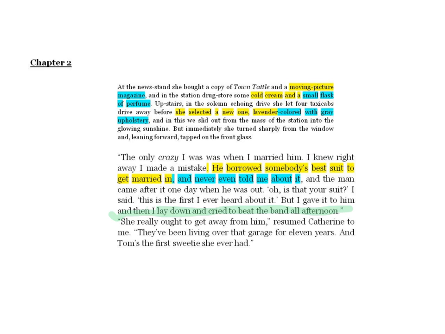So her disgust, he borrowed somebody's best suit to get married in, and how dare he never even told me about it. So this is Myrtle's justification for her adultery, one imagines. I was deceived. I was the victim of fraud by a working class man posing as something higher on his wedding day than he actually is.